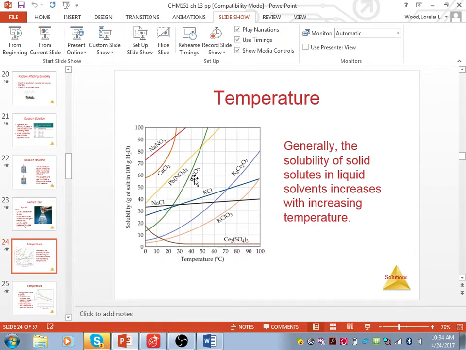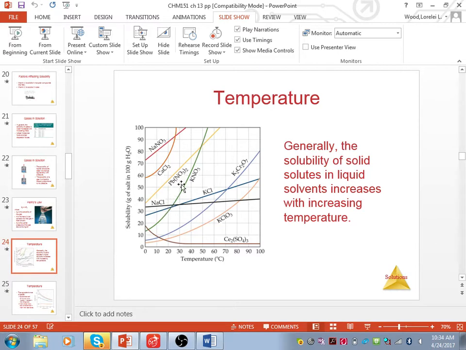Now, which one of these do you suppose is the easiest to dissolve? Looks like NaNO3 is one of the first ones. But then it almost looks like calcium chloride, because the curve is somewhat exponential, that it surpasses it at some point at a temperature. What could you say about the majority of these lines?